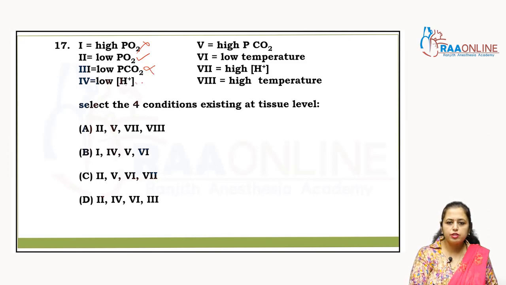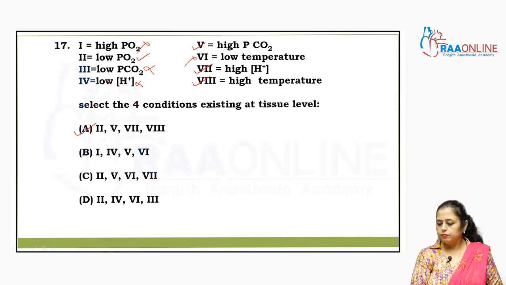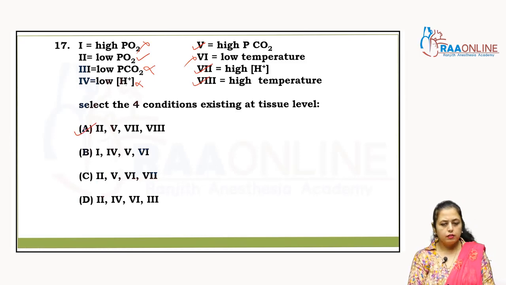Is the H+ concentration low? No, it increases, right? High PCO2, exactly. Low temperature? No. High temperature, exactly. So what are the four conditions? That is 2, 5, 7 and 8, so the answer is A. Clear?